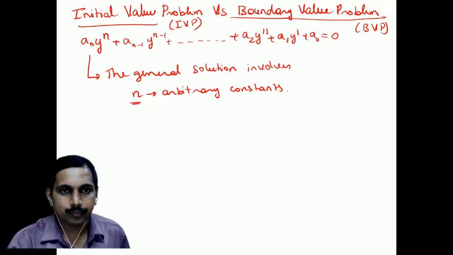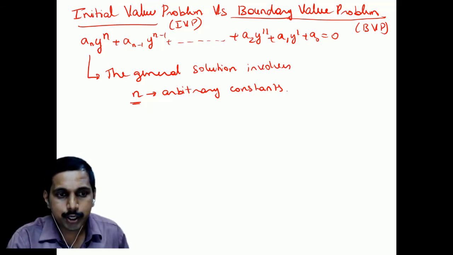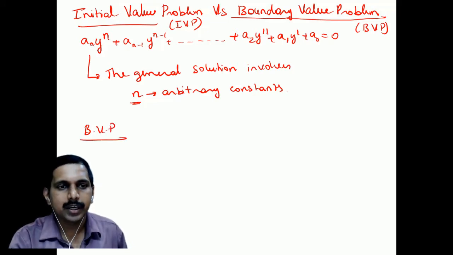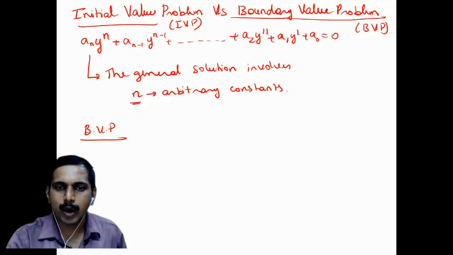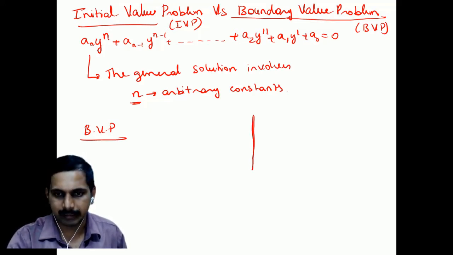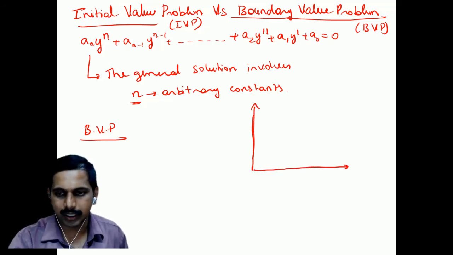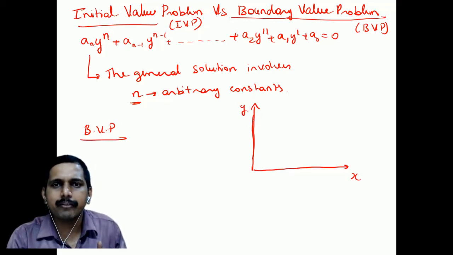Now when you find the solutions, in the case of BVP, what happens when you have an nth order differential equation? If you have a domain, say x and y only, what is required for us?